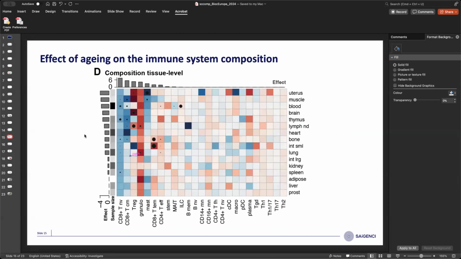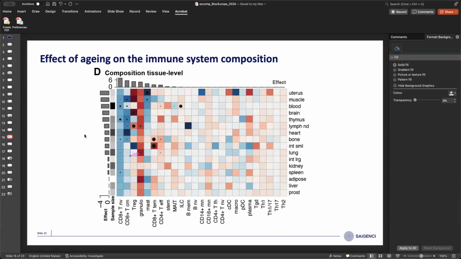So this heat map shows the body effect and the organ effect in a nice way. It describes the effects of age on cell type proportion, where red is increase and blue is decrease.